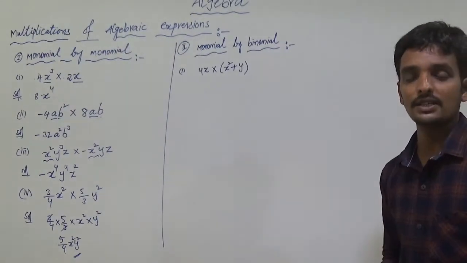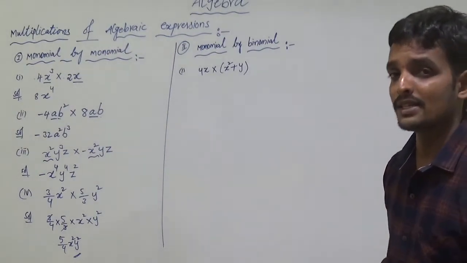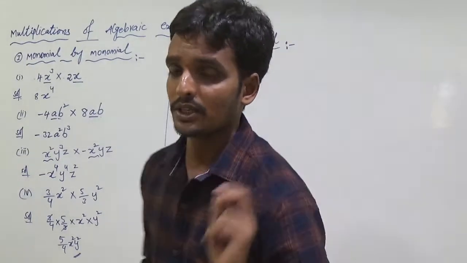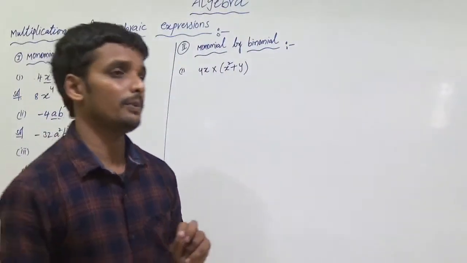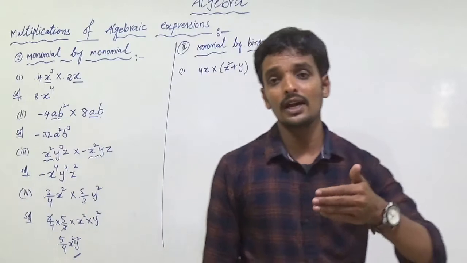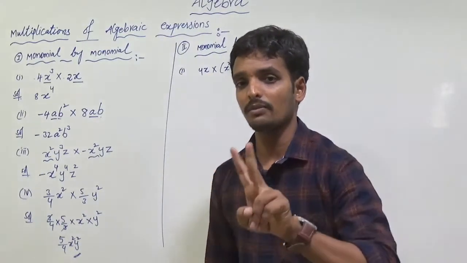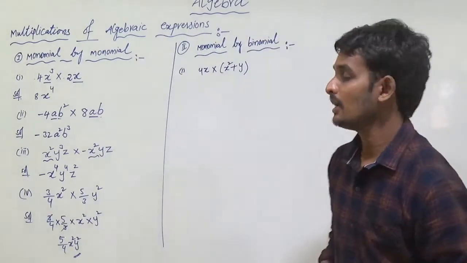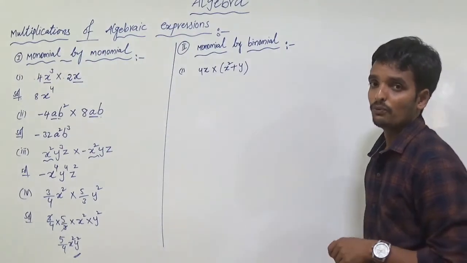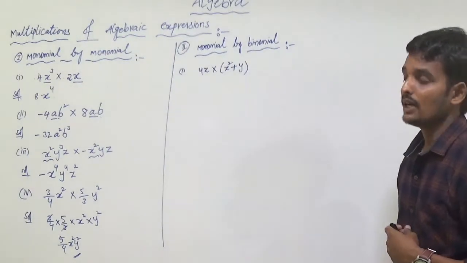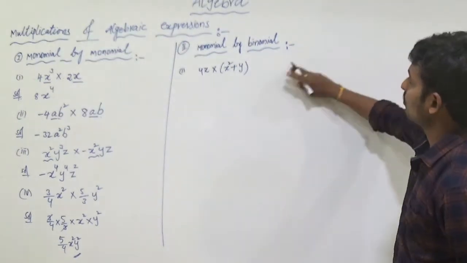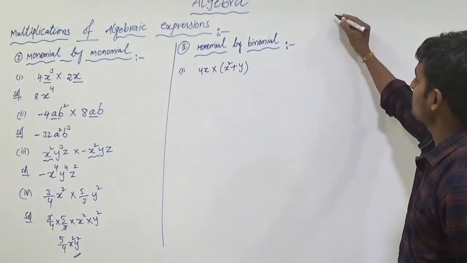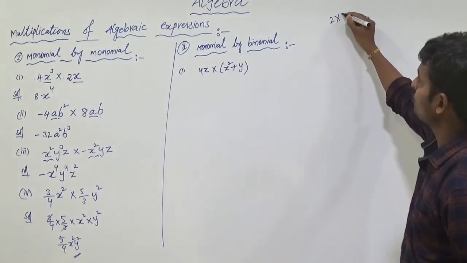X square plus y is the binomial. Monomial means an algebraic expression that contains one term. Binomial means an expression with more than one term; it has 2 terms. Two terms is called binomial. Now we have to multiply 4x with x square plus y. Before going to monomial by binomial, do you know how to multiply 2 with 43?